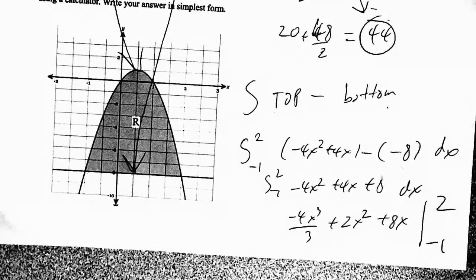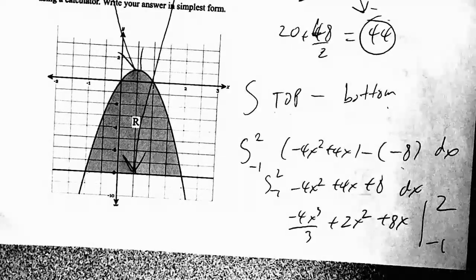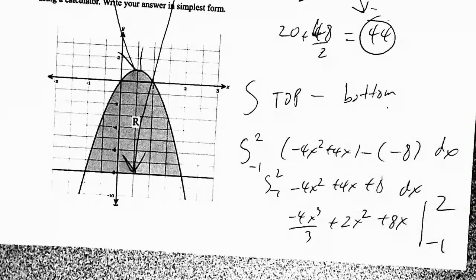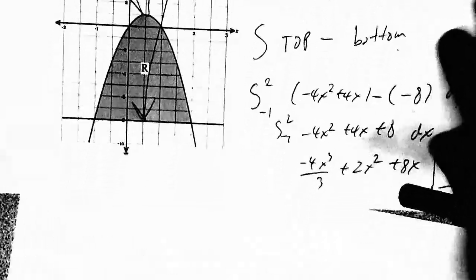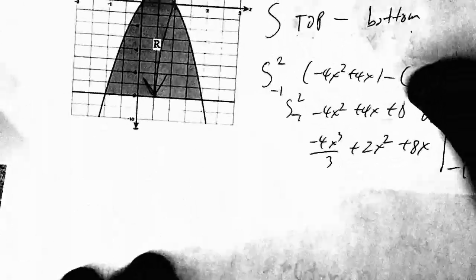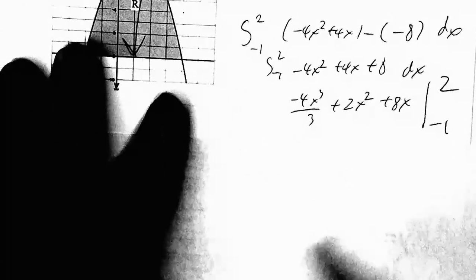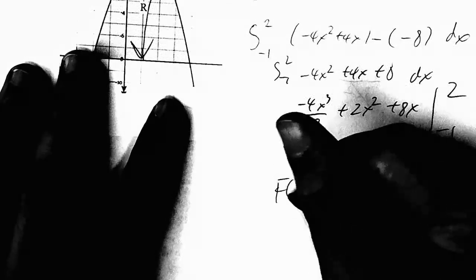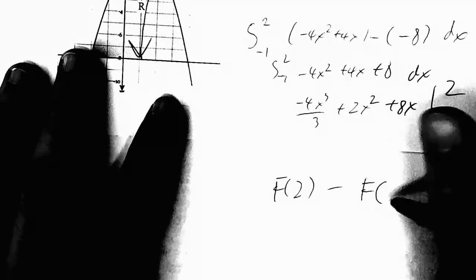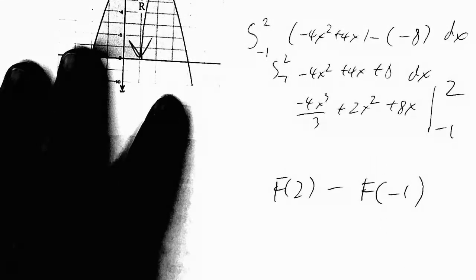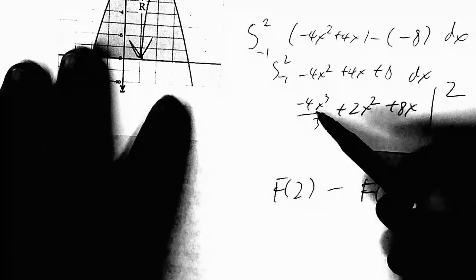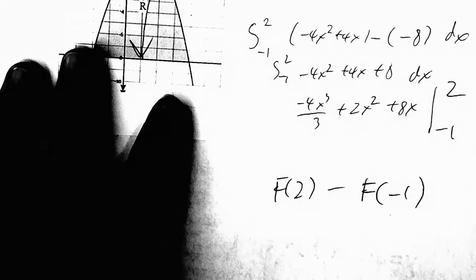And then we're going to do f of 2 minus f of negative 1. So plug in the 2, you get 2 to the third is 8 times negative 4, negative 32.